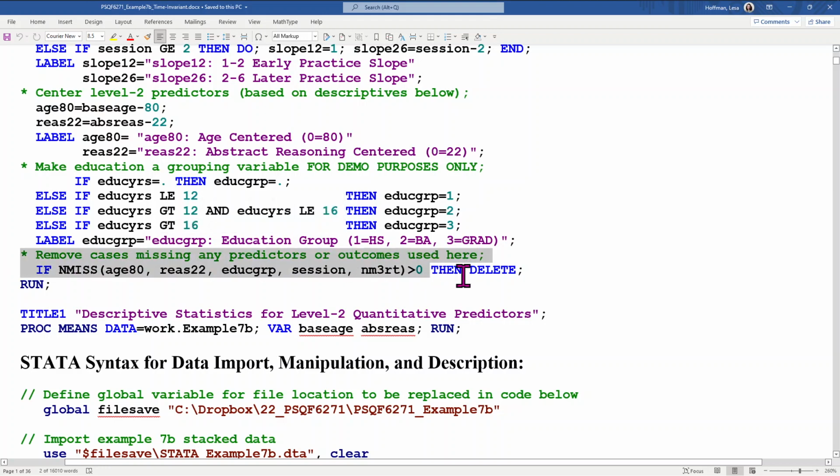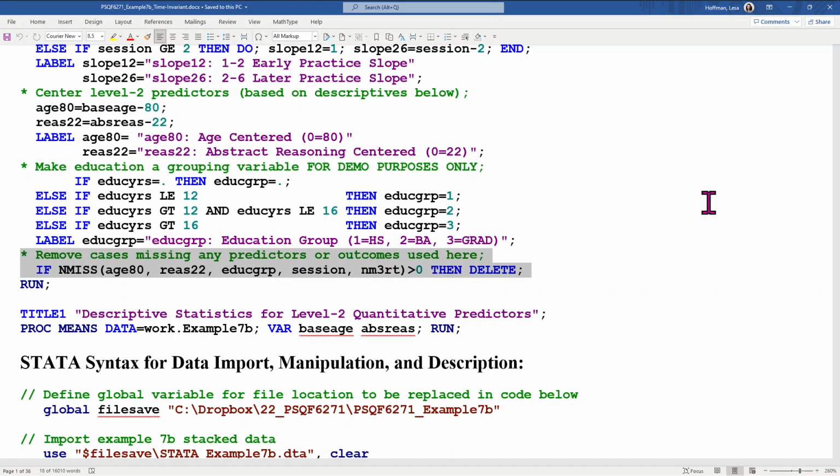Then finally, because rows that do not contain all of the variables in the model will get deleted anyway, I have removed cases that are missing on any of the variables eventually to be included. If you have a lot of missing data, this is not a good idea.